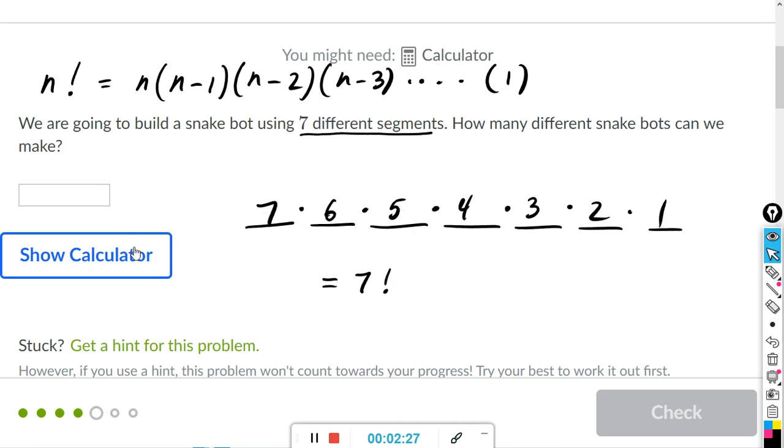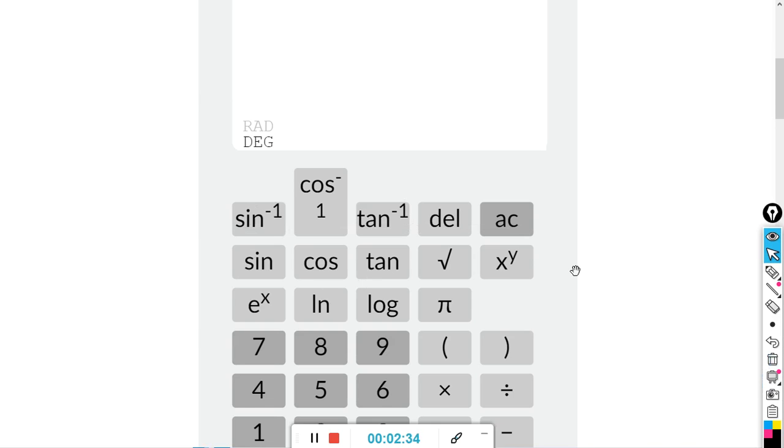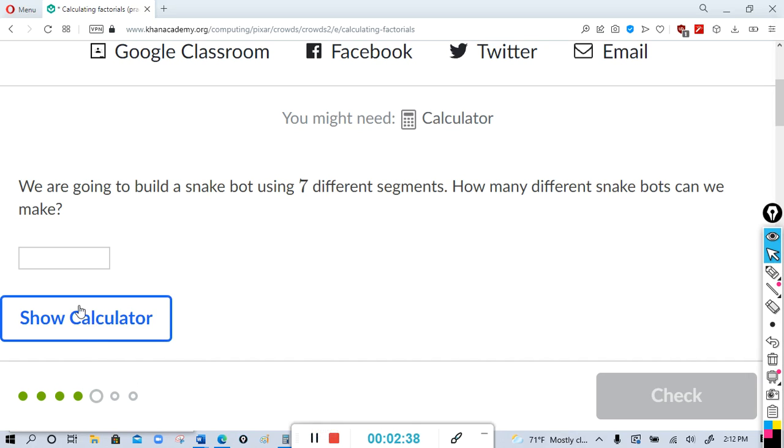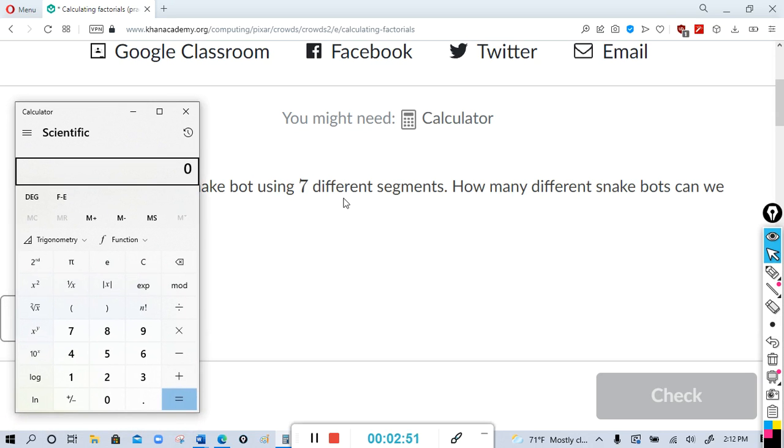If we hit show calculator, unfortunately, the calculator on Khan does not have the factorial function. So you'll have to use your own or just Google the word calculator. So here, again, 7 different segments.